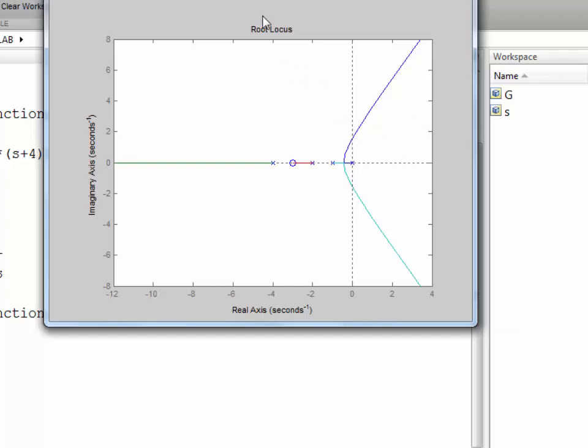So this is something that we saw before, but you could see that as we increase our gain, eventually some of the closed loop poles will move into the right half plane, causing the system to go unstable. And so it appears that right around a gain of 10, the root locus passes into the right half plane. So it looks like our system stays stable until we apply an additional loop gain of more than 10.